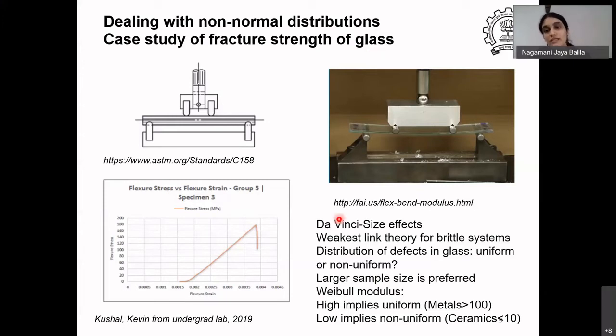As long ago as Leonardo da Vinci's time, there was a measurement of the load carrying capability of a material. Da Vinci, in fact, was a creative artist and scientist all rolled into one. He tested, if I remember right, iron wires.